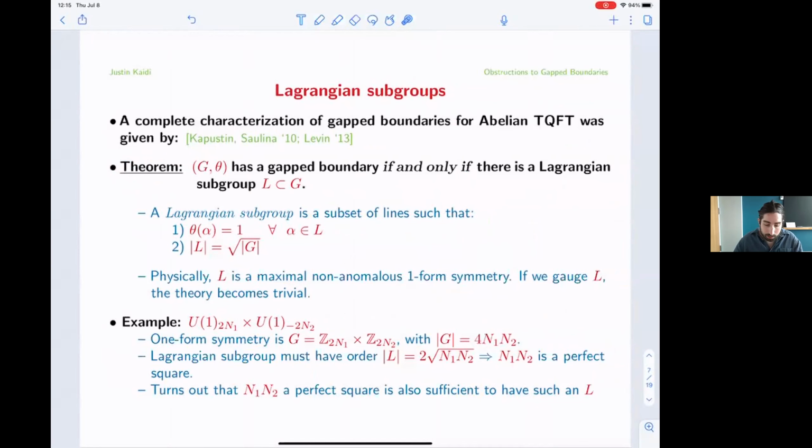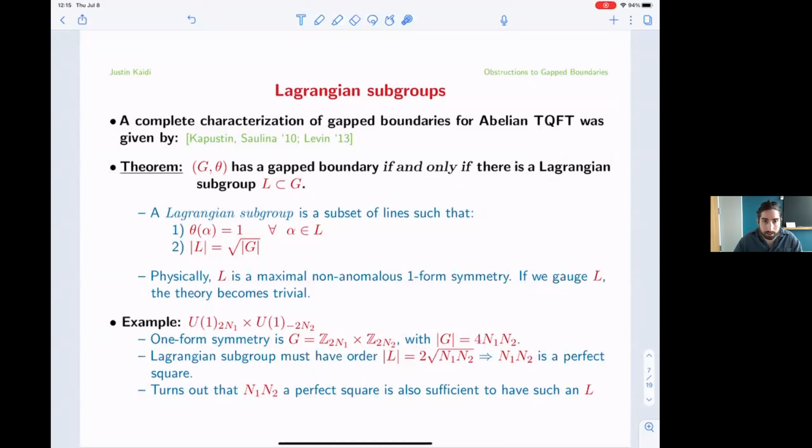So an abelian TQFT, G comma theta, has a gapped boundary if and only if there exists a so-called Lagrangian subgroup of lines L in G. Okay, so this is some subgroup of the one-form symmetry group. And what we mean by Lagrangian is the following. So it satisfies two properties.